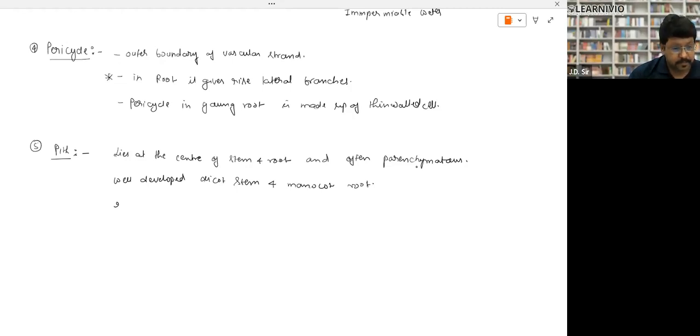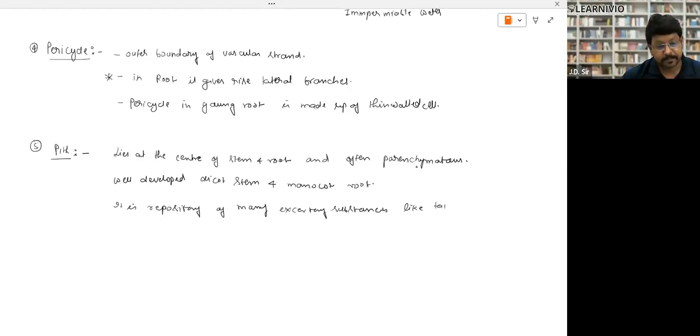It is repository of many excretory substances, like tannin, phenol, and calcium.